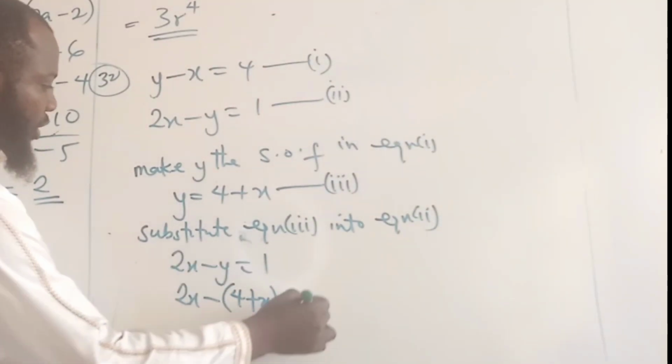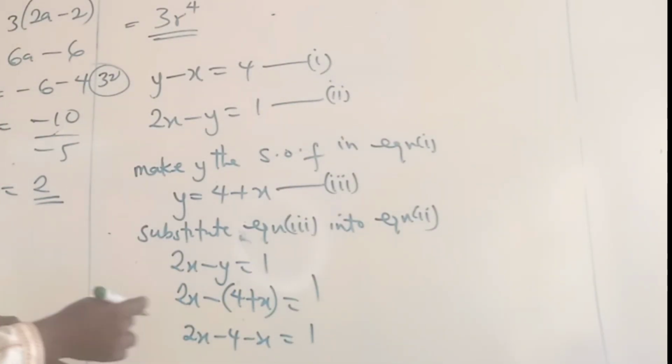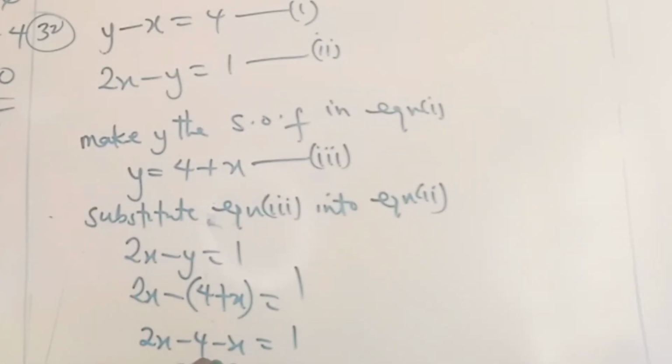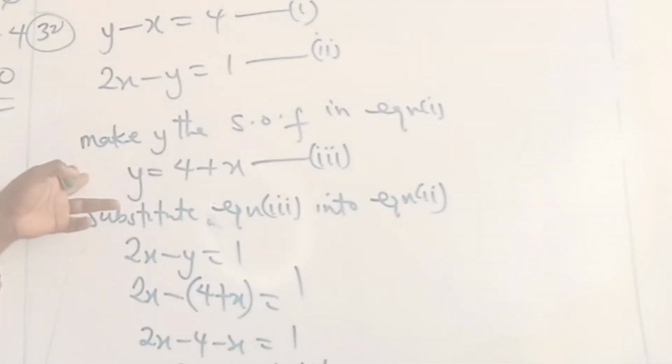X equals 1. So let's have 2x minus 4 minus x equals 1. That will be 2x minus x equals 1 plus what? 4. This gives what? X equals what? 5. So that is the value of what? X.